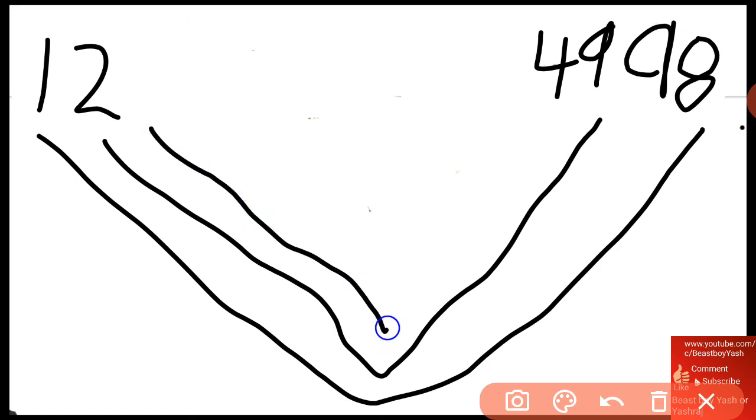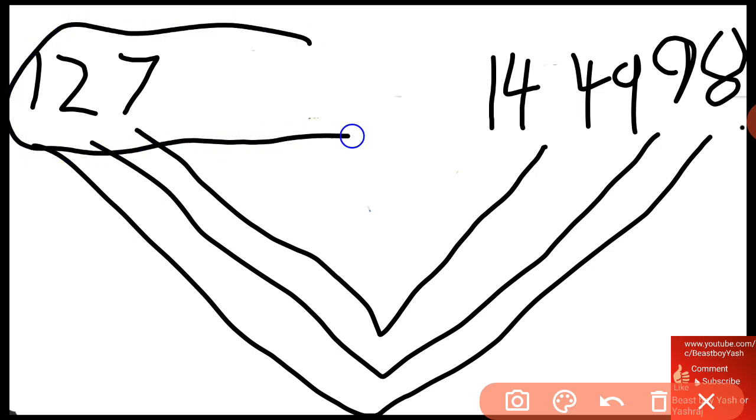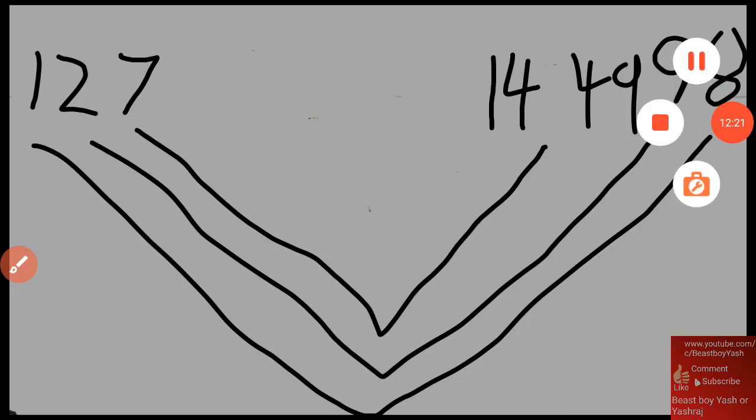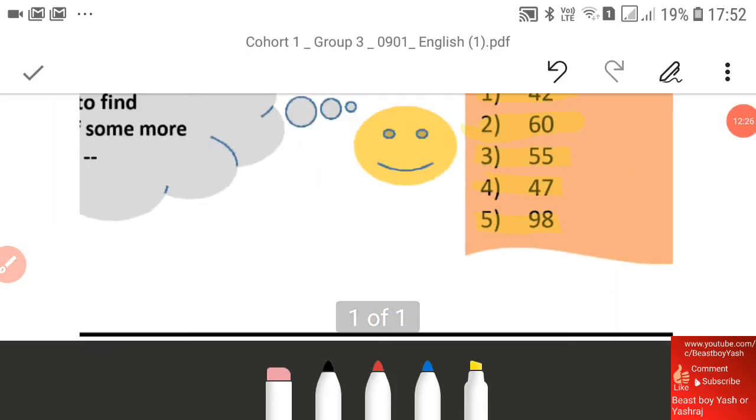And if we multiply 7 by 14, our answer will be 98. So the factors are 1, 2, 7, 14, 49 and 98. So we have solved all the questions, and this worksheet is completed.